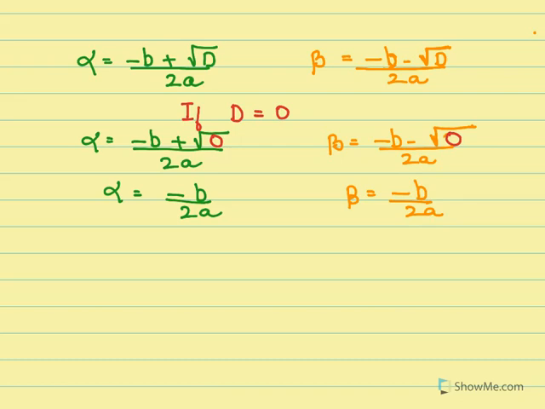Have you noticed that the roots are equal? They are the same. So if D is equal to 0, the roots are equal. This is the second condition. So we repeat, if D is 0, the roots are equal and real.